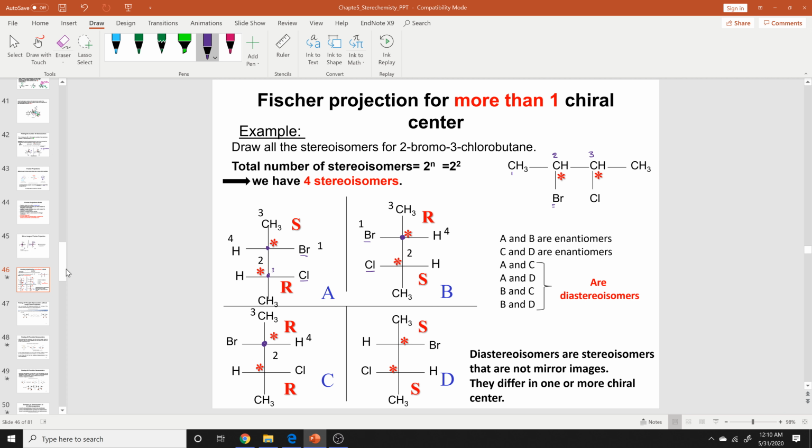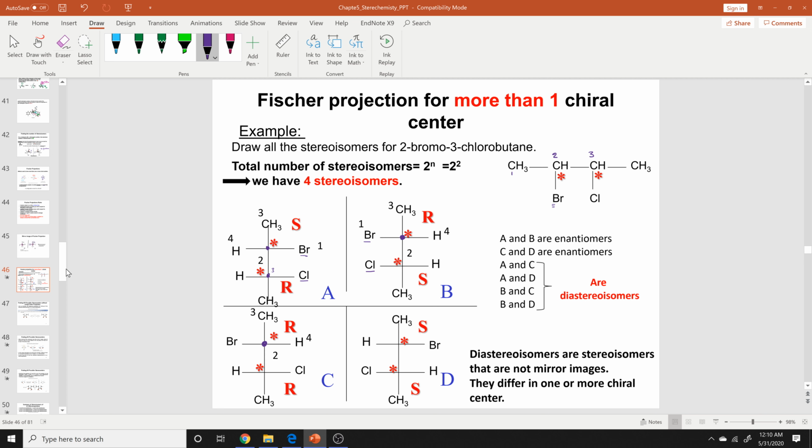Now, rotation of the chiral center, remember what I said: rotate 180 degrees, please. Don't rotate 90. So you don't swap the chlorine with the CH3. You just rotate the chlorine and the hydrogen. So the hydrogen becomes here, the chlorine becomes there, period. This is your rotation.